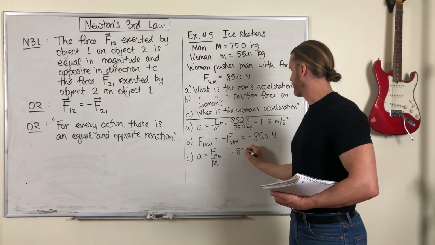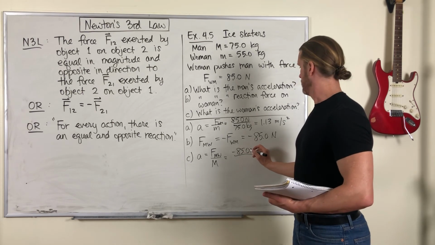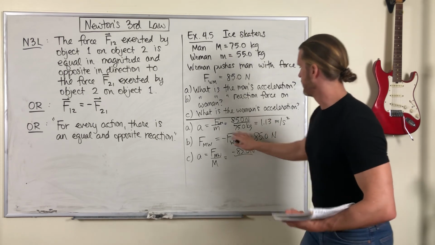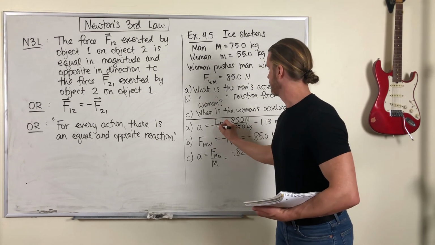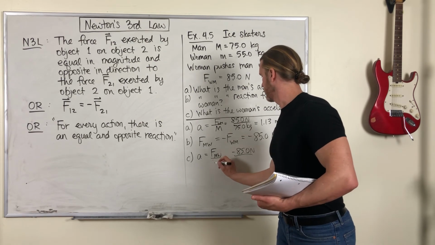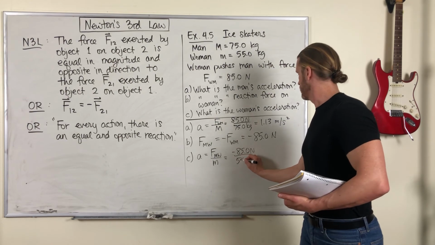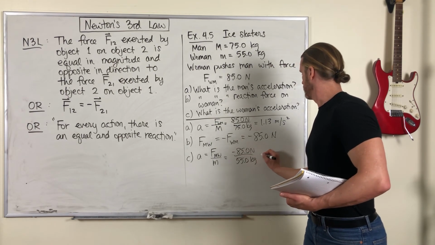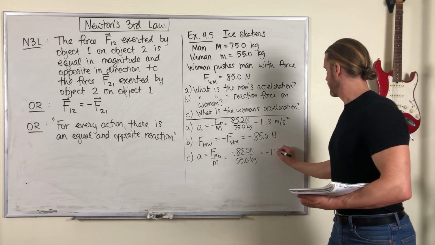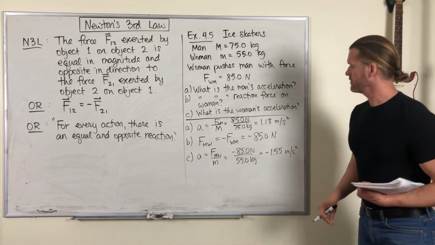So negative 85 newtons over, sorry, I did that backwards. This was the capital M, and this was the lowercase m. That's the woman. So that's 55. Negative 1.55 meters per second squared.